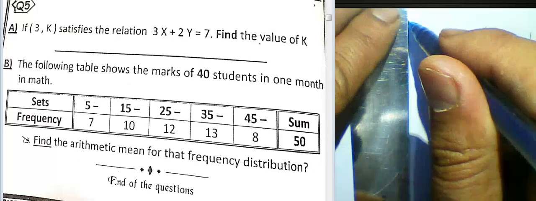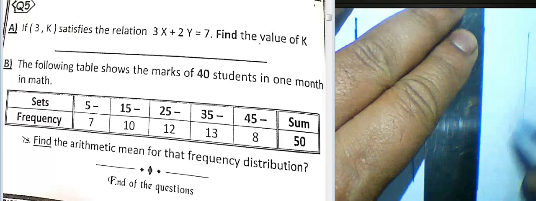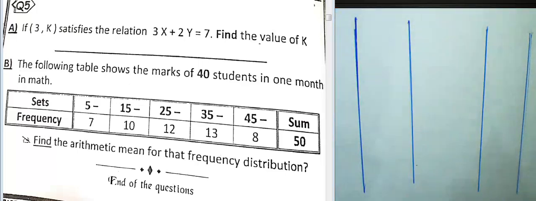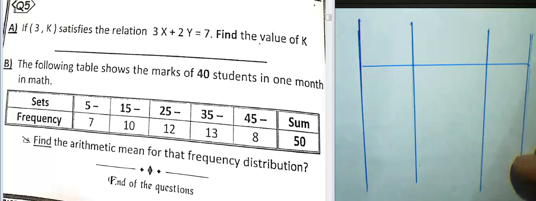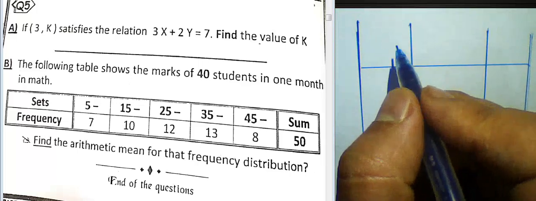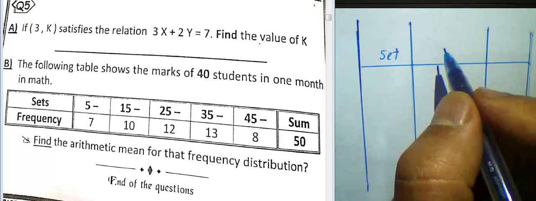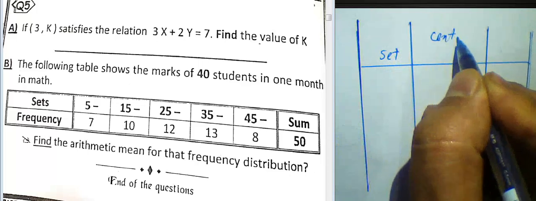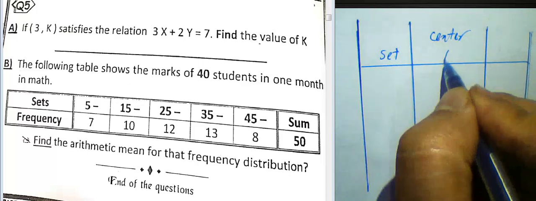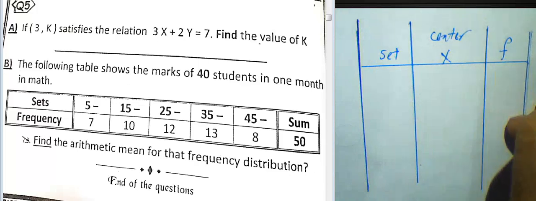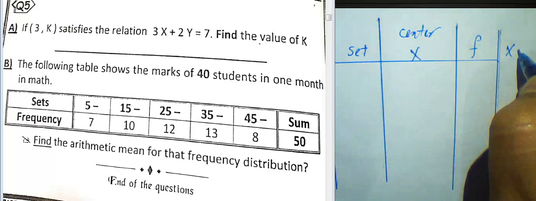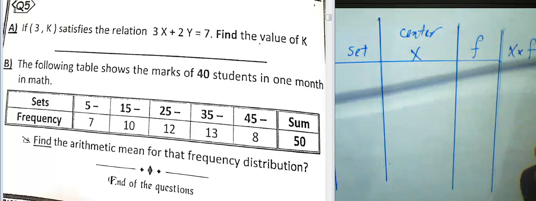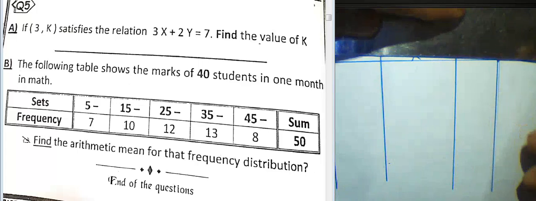First is the set, second is the center of the set, and the third will be x multiplied by f, center multiplied by frequency. So we can write here the set and the center of the set. We refer to the center of the set as x, then the frequency, and the last one we write x multiplied by f. x refers to the center and f to the frequency.